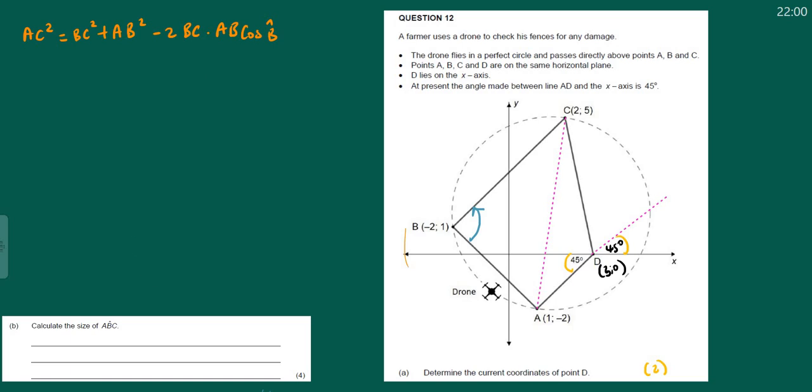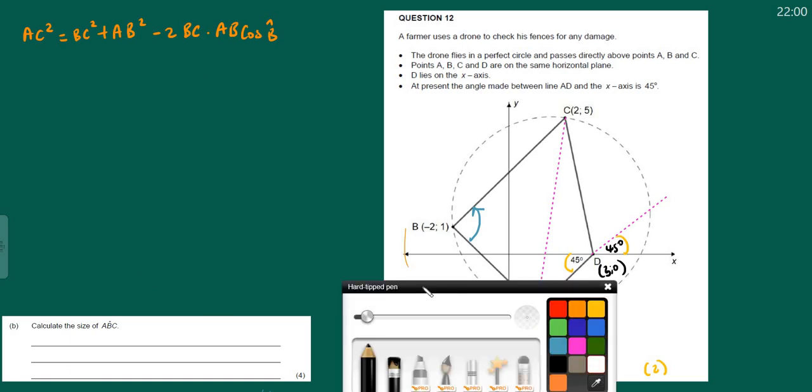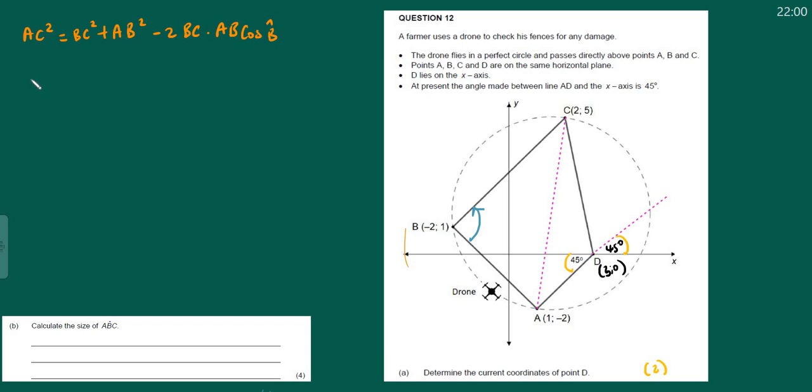But maybe another method you could use would be to say, wait, what is the gradient of BC? If you suspect that there might be a 90 degree angle though, you can say, what is the gradient of BC? That is going to be 5 minus 1 over 2 minus negative 2. That will be 4 over 4, which is 1.